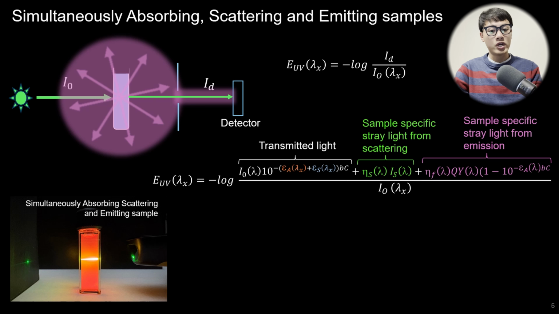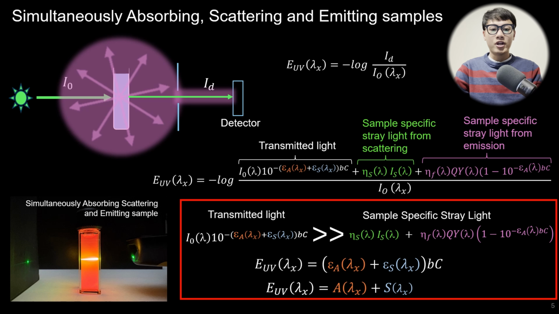At lower concentration, in a similar manner to the previous samples, the measured UV-Vis extinction will reflect a combination of absorption and scattering extinction and follow Beer's law, since the interference of scattered and emitted photons on the detected intensity is negligible.